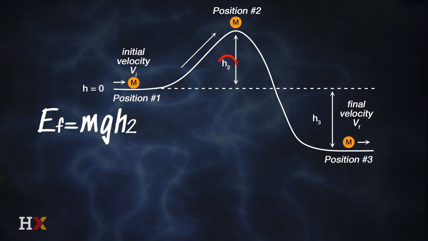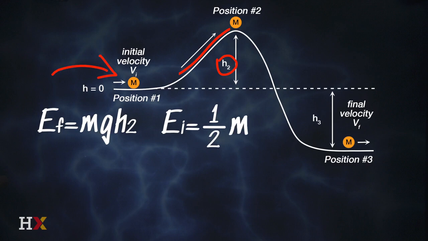And that height h2 is the height of the barrier over which this rolling ball has to traverse before it can pass into the right-hand side of our diagram. Well, the initial energy is all kinetic energy, and it's the initial kinetic energy at position 1. So let's write this as 1/2 m v_initial squared.